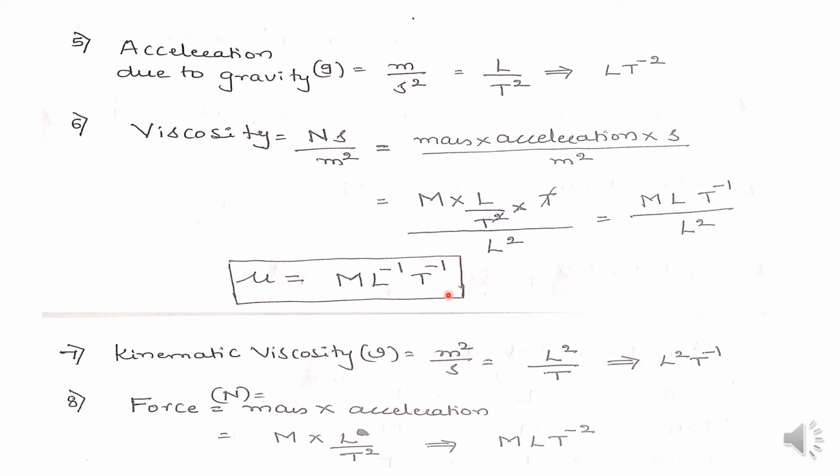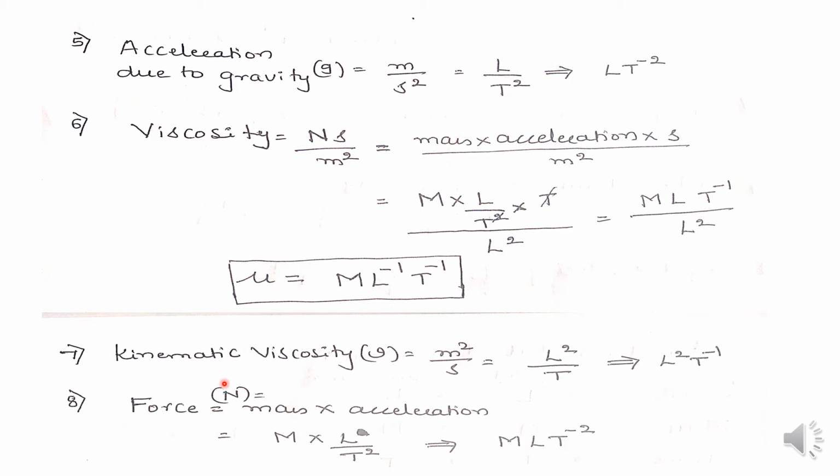Next, kinematic viscosity. The unit for kinematic viscosity is meter square per second, so it is replaced by L square divided by t. In numerator form, that is L square t to the power minus 1. Next we will write for force.